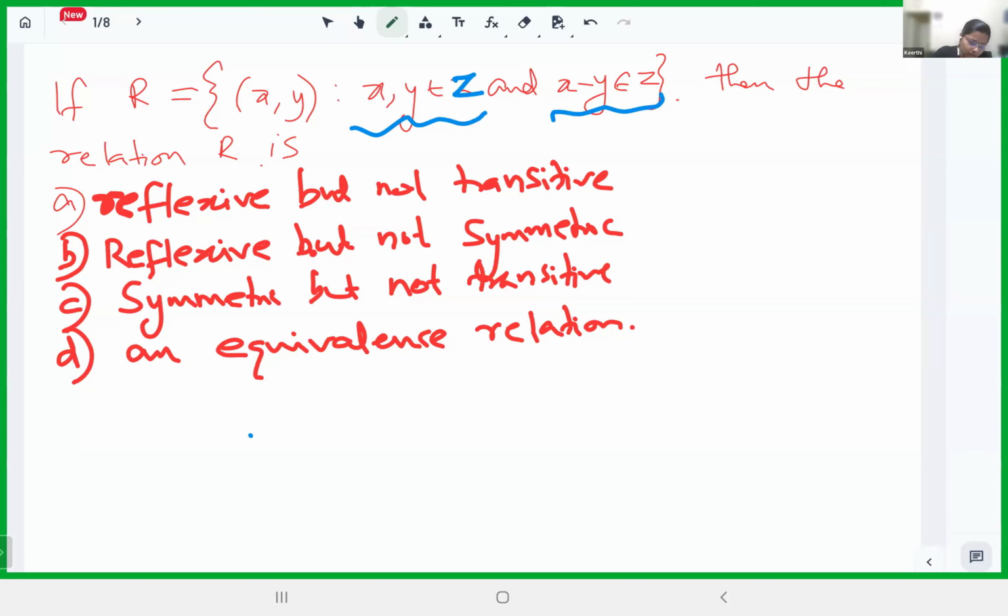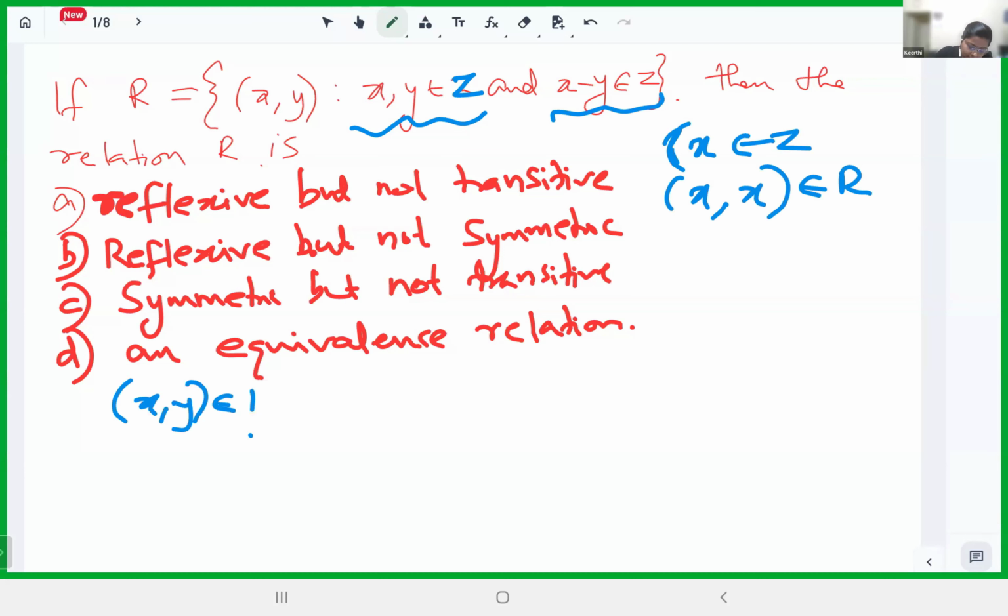In order to check whether it is reflexive, we know that if x is an element of Z, then if it is reflexive, the ordered pair (x, x) should belong to R. So can you say whether the ordered pair (x, x) belongs to R? If (x, y) belongs to R, which implies x minus y is an integer.